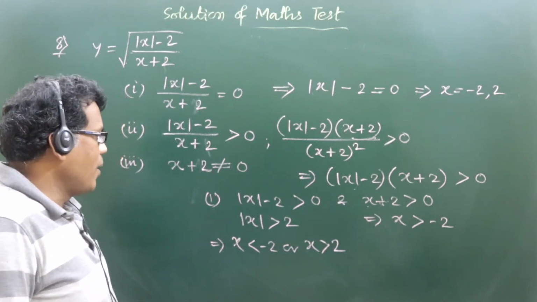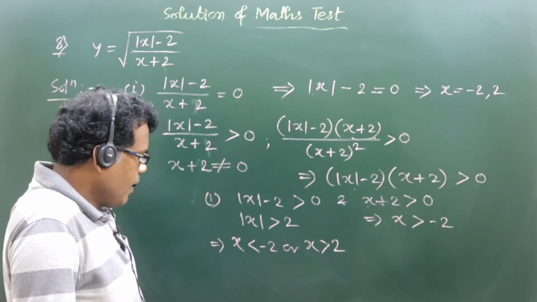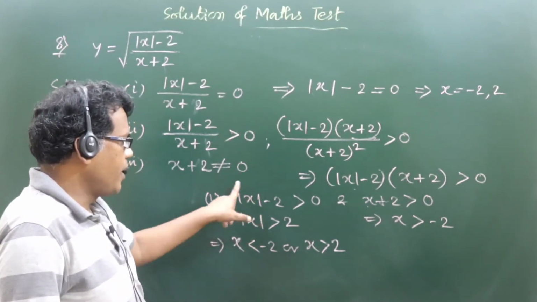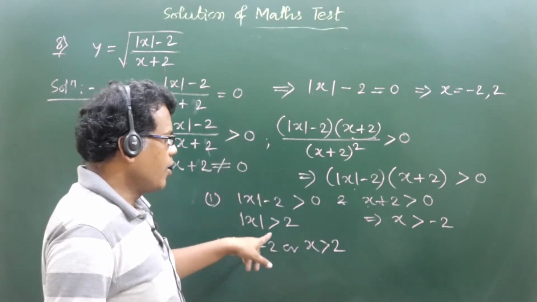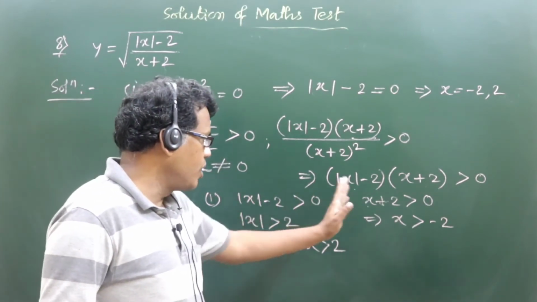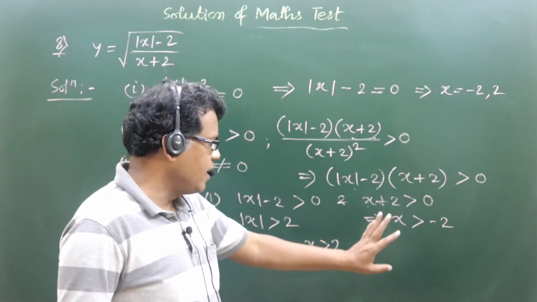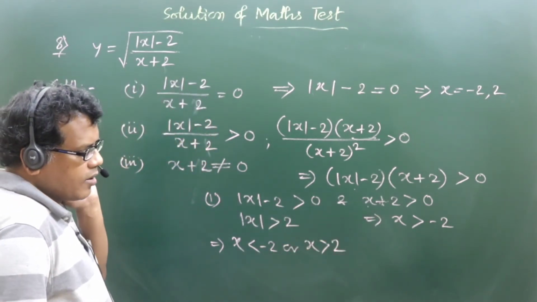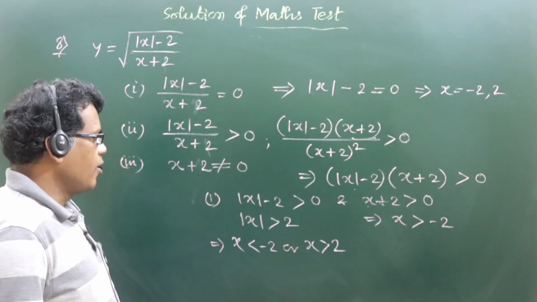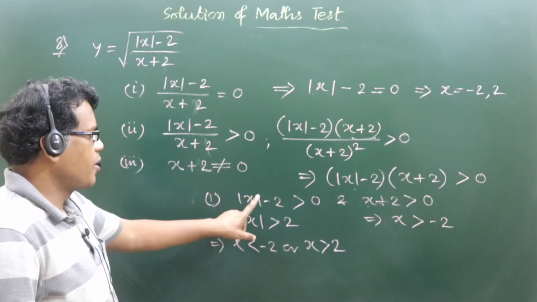If we take x less than minus 2, we can make this positive definitely, but on taking x less than minus 2, we can't make the other positive. So to make both factors simultaneously positive, we need the common value of x that satisfies both. For example, once we take x equal to minus 3, mod of minus 3 is plus 3, so 3 minus 2 is positive.